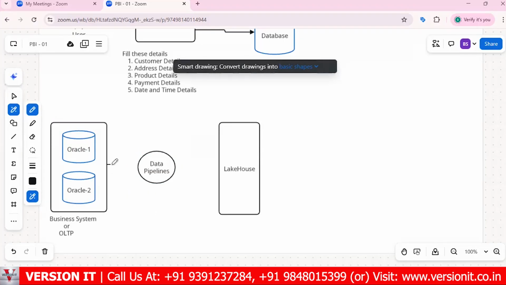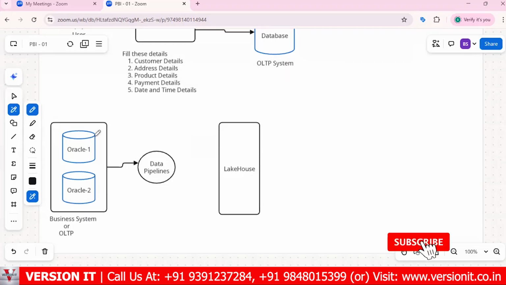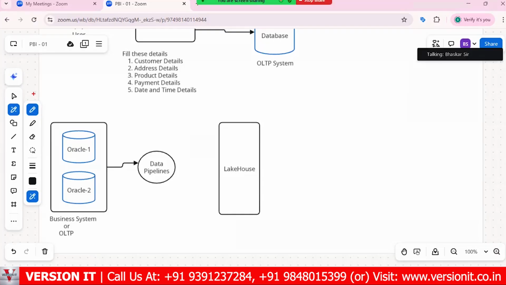The process of bringing data from any kind of source system: Fabric supports many different data sources. I feel it has more than 100 different connectors to bring the data from the business system. I'm going to show you how exactly we use the different connectors.